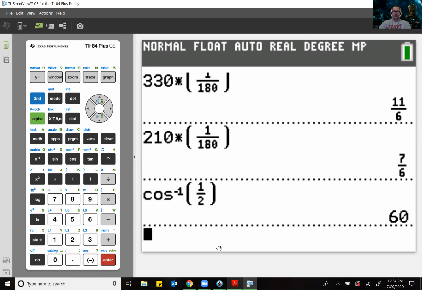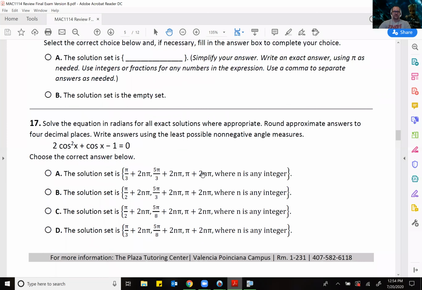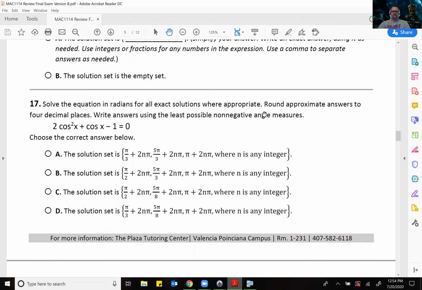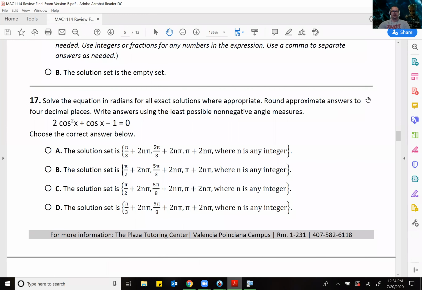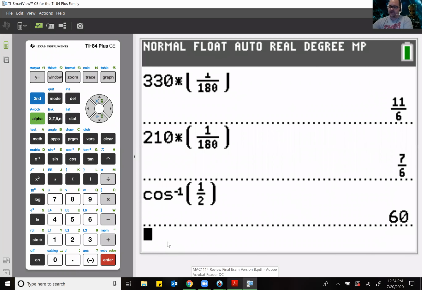In this one, they're saying all of our answers look to be in radians. Approximate answers need to be rounded to 4 decimal places. Well, we don't have to worry about that because we're going to get nice, neat answers. All right, so radians it is. So we end up with 60 degrees, but in radians, 60 degrees is pi/3. That's the quadrant 1 answer.